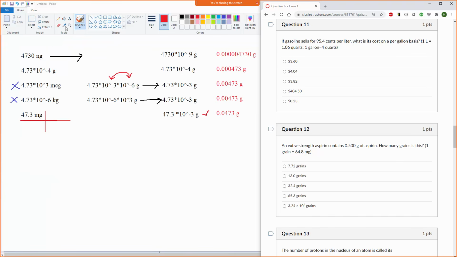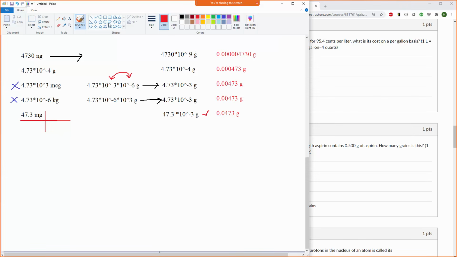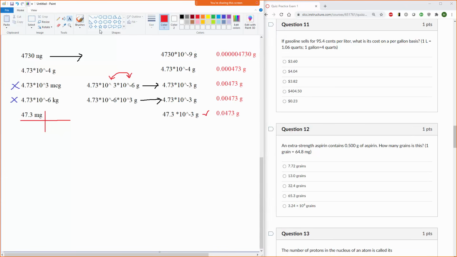Okay, we can do this. No tricks. Step 1. What are we looking for? Dollars per gallon. Good.